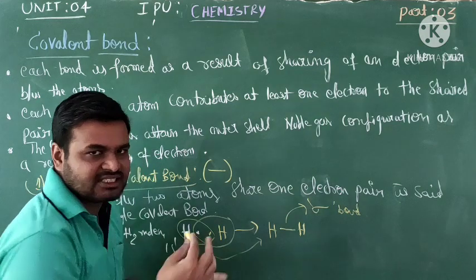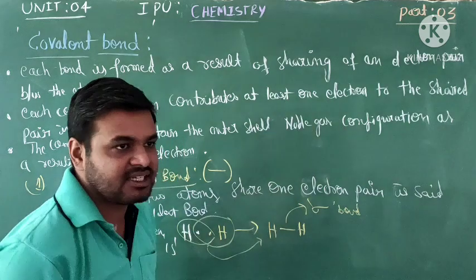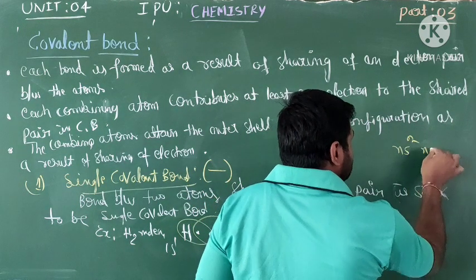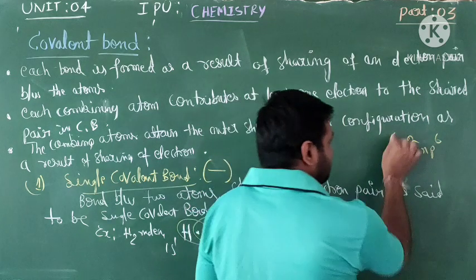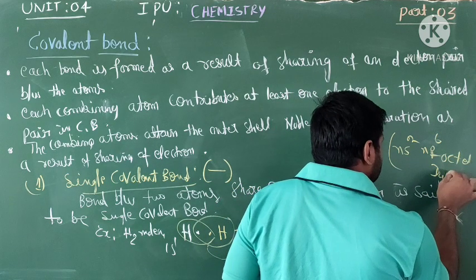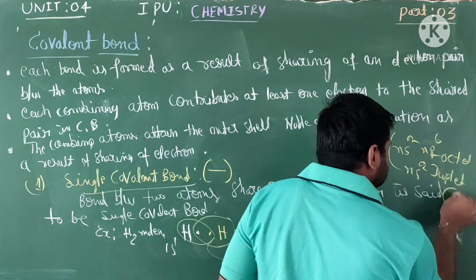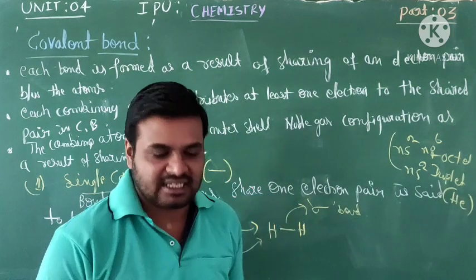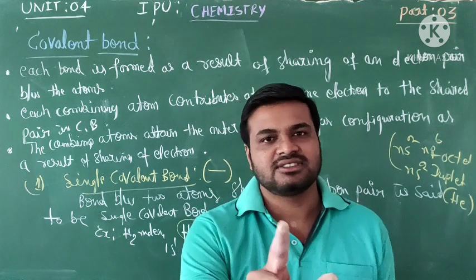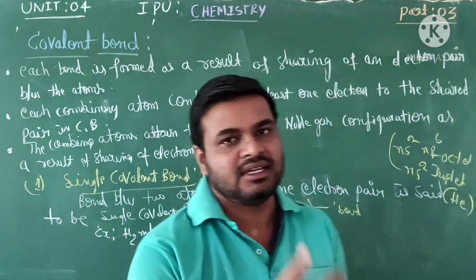The combining atoms attain outer shell noble gas configuration: ns2 np6 is the noble gas octet configuration, but it is a duplet, ns2, for helium. For hydrogen, the capacity is only to fulfil two electrons, so hydrogen gives a duplet, and the remaining atoms give octets.